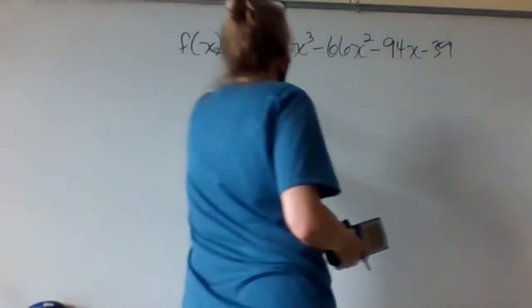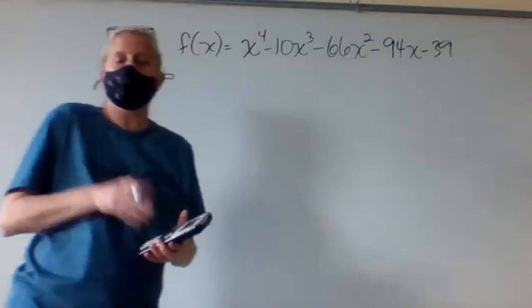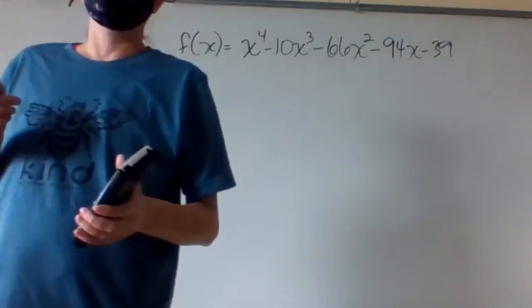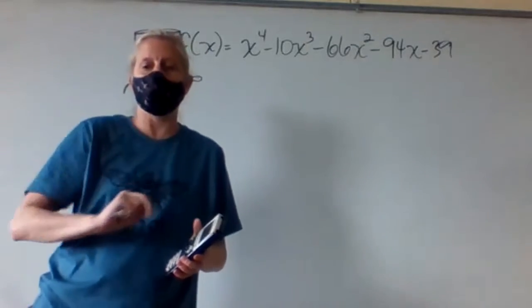right? Because I have no idea how to factor that, but if I can do synthetic division enough to get me down to x squared, I'll be able to find the last two zeros in my quadratic.